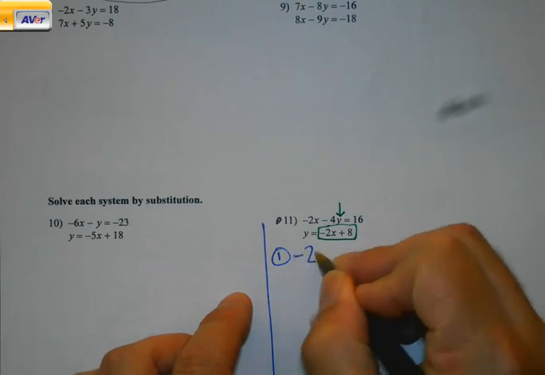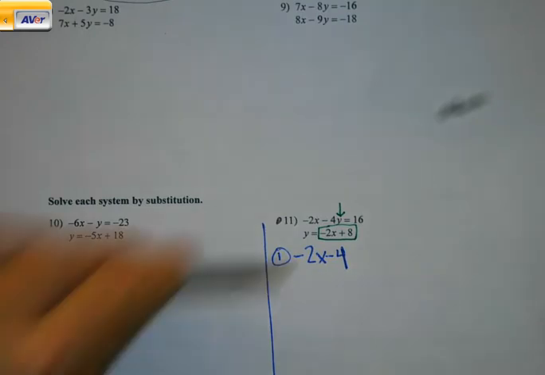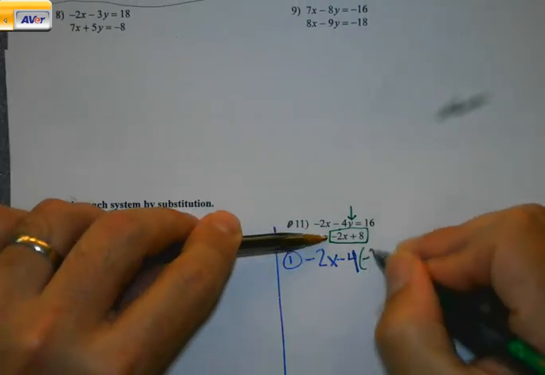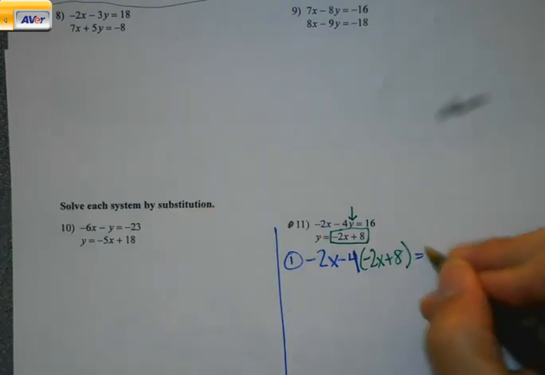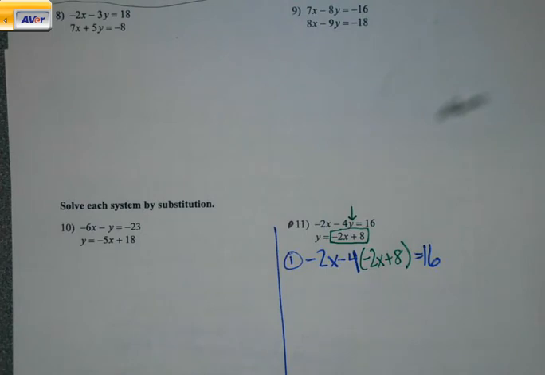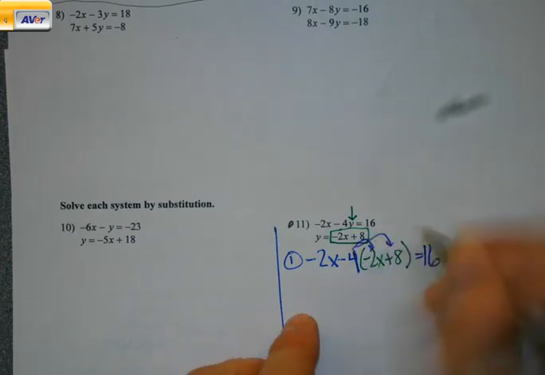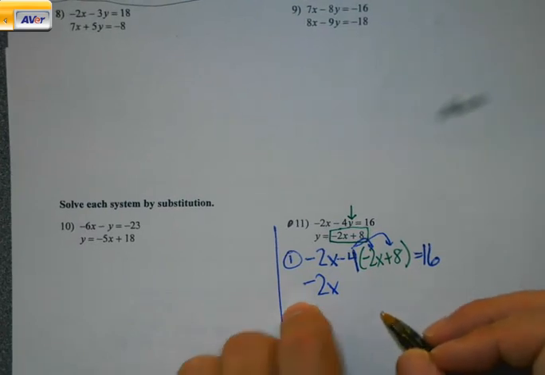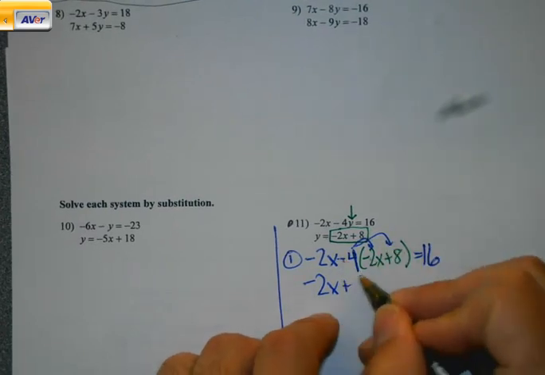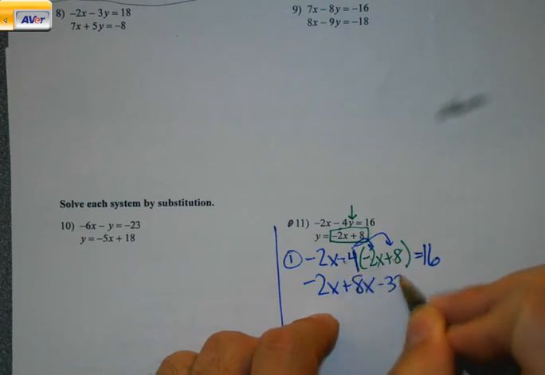I'm going to start copying that first equation until I get to the y. Because this, what's in the box, is now my y value. Everything else in that equation stays the same. The x term, the minus 4, the 16 on the equals side. We're going to clean this up. So we're going to distribute the negative 4. Again, got to watch for the details. Negative times negative is positive. Negative times positive is negative.